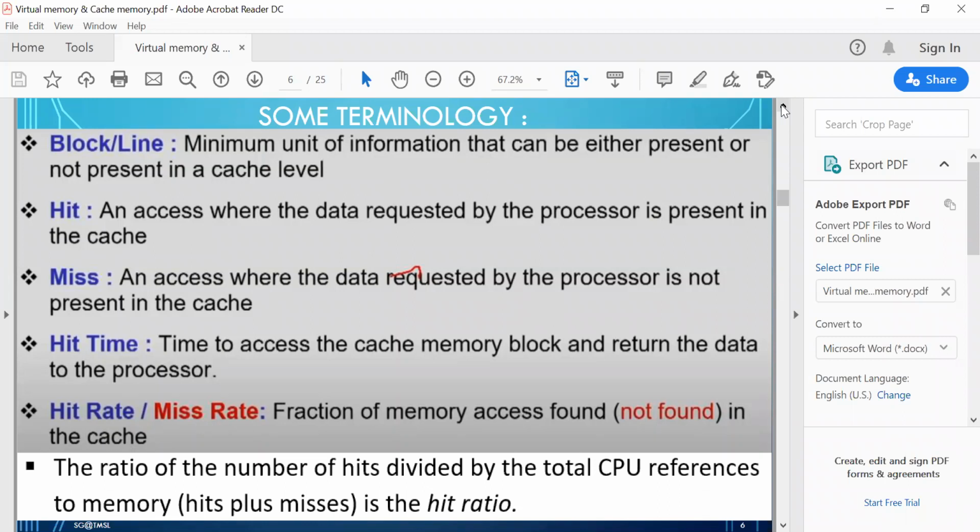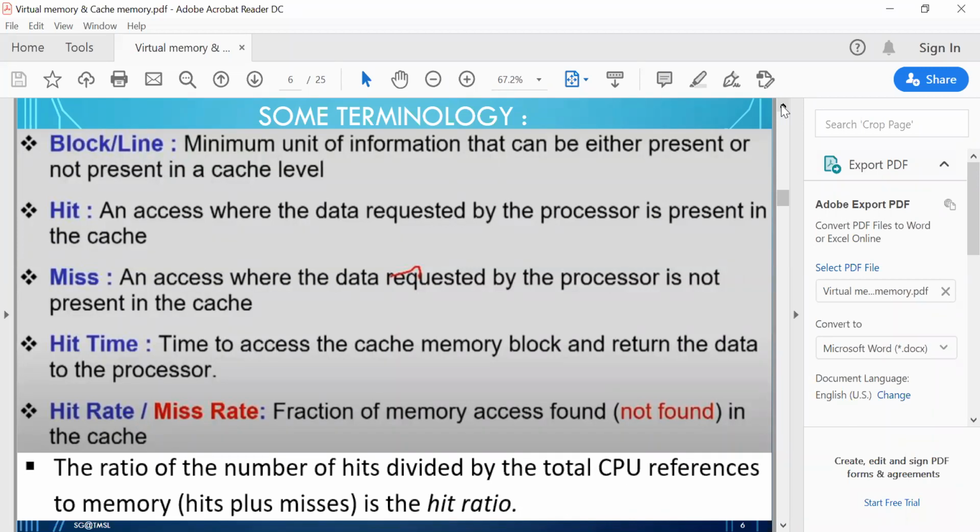Because the cache memory has very little capacity to store information compared to the main memory, which has the largest capacity, a certain portion will be stored. So the minimum unit of information that can be either present or not present in a cache level is called the block, or is called the cache line, because the block size may vary from machine to machine.